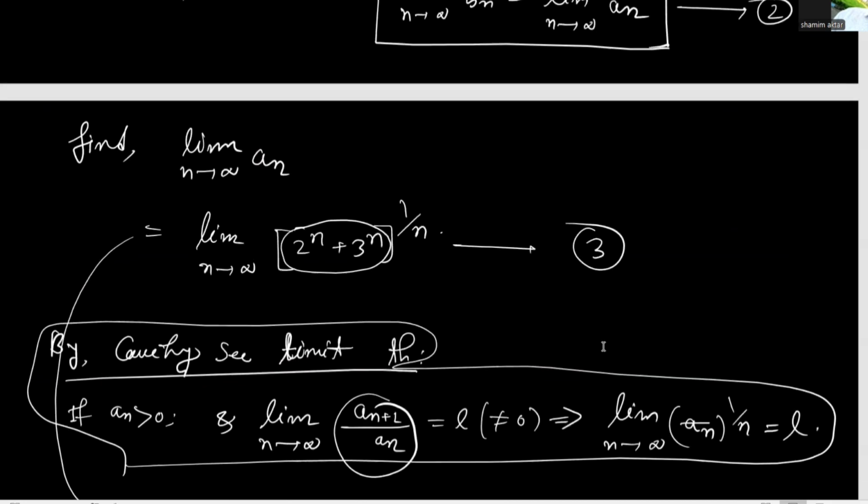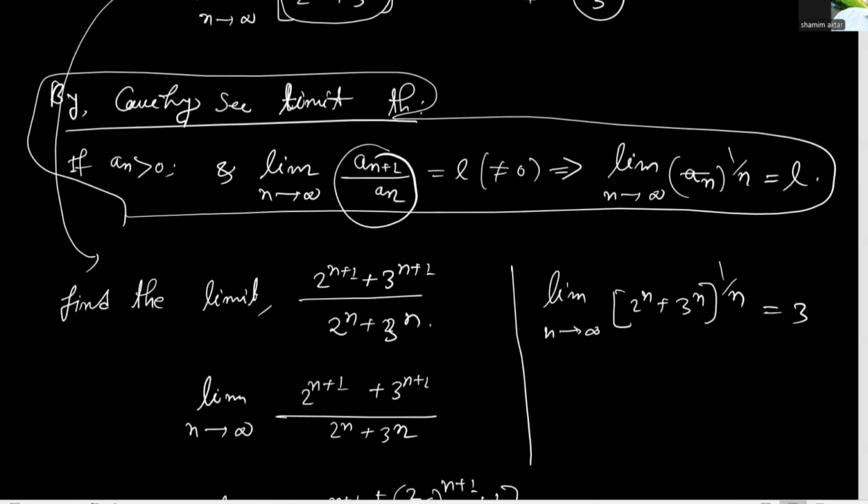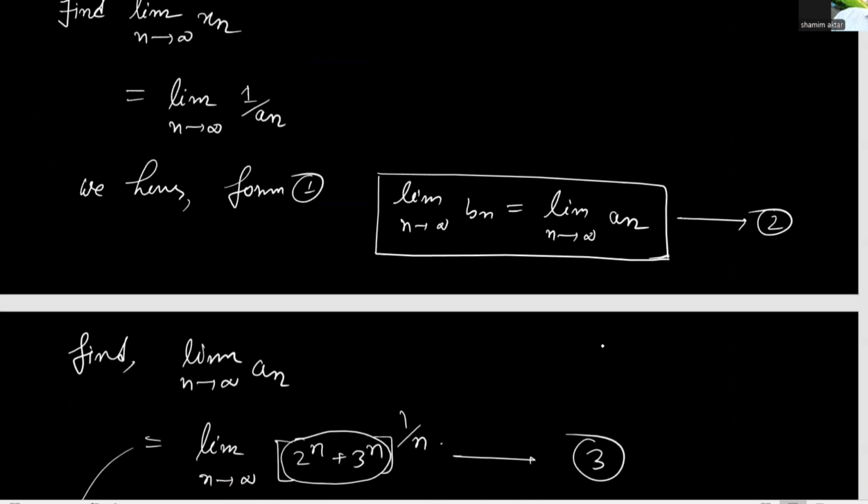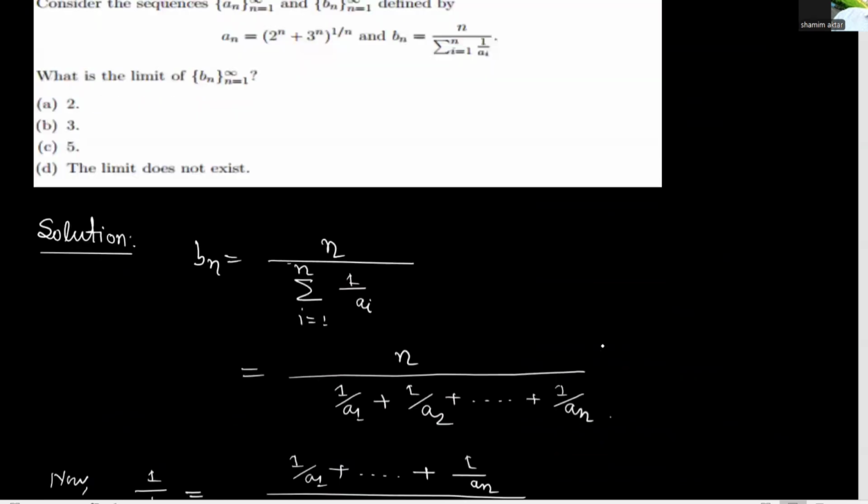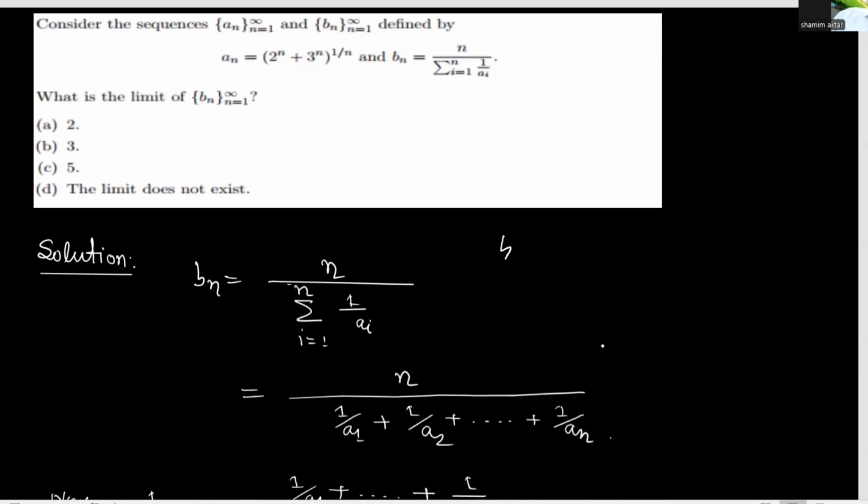From 3 we have the limit of a_n equal to 3 as n tends to infinity, and so from 2 we have the limit as n tends to infinity of b_n equal to 3. So the answer of the question is B.